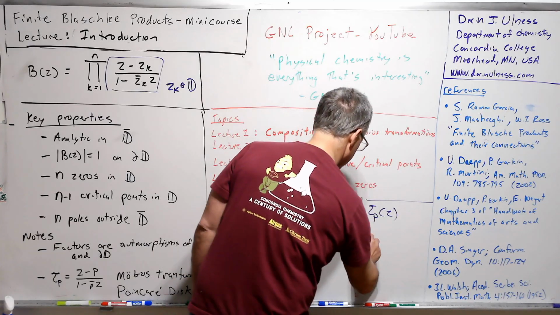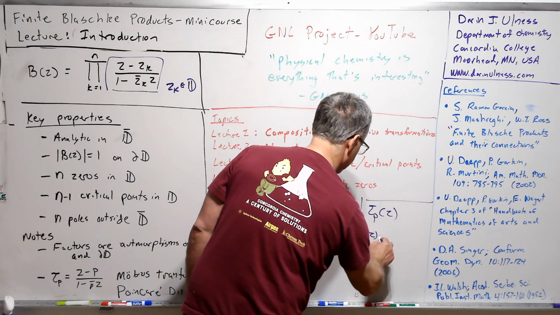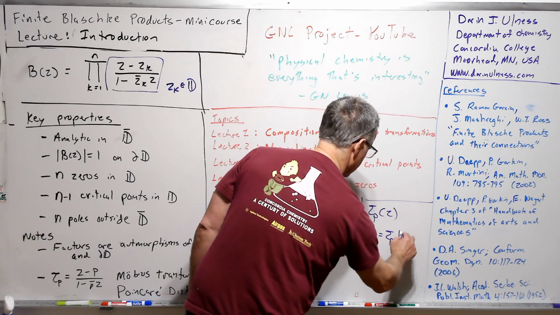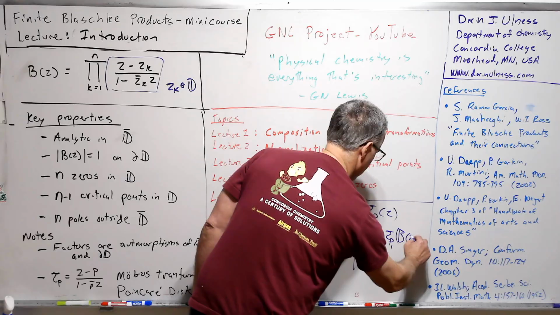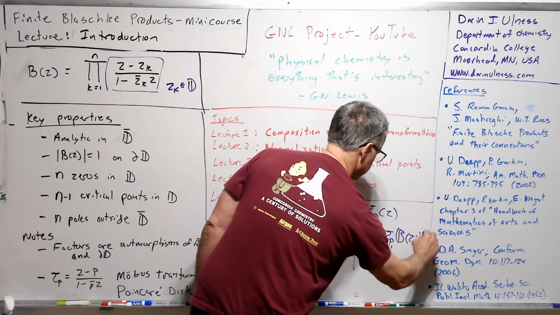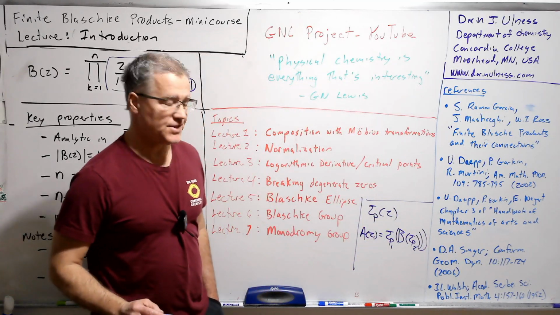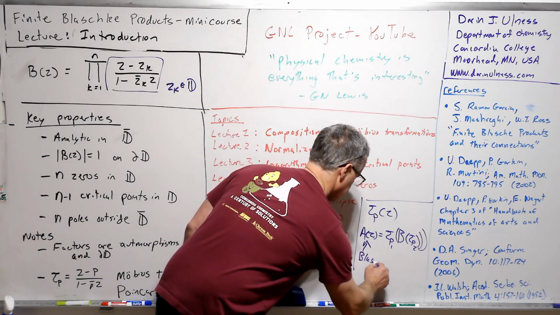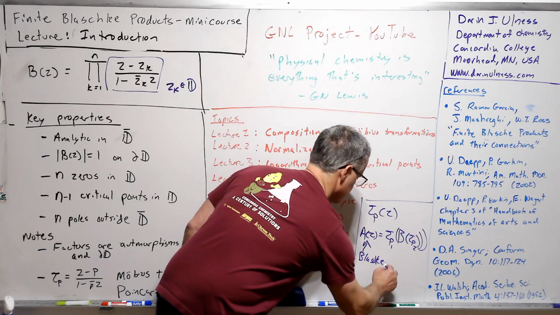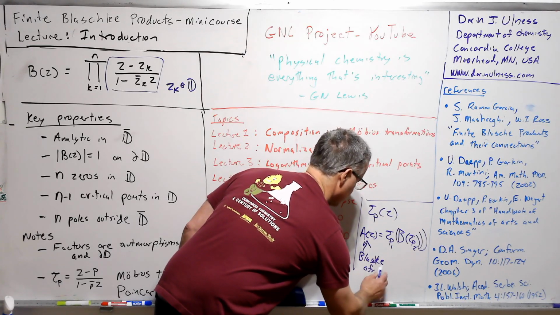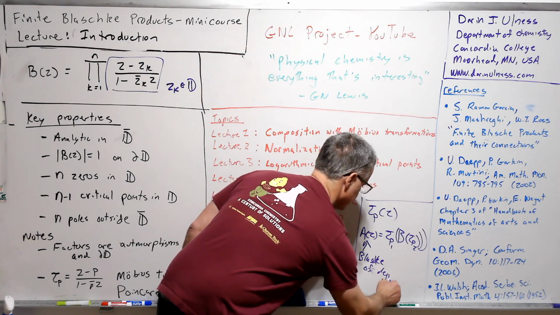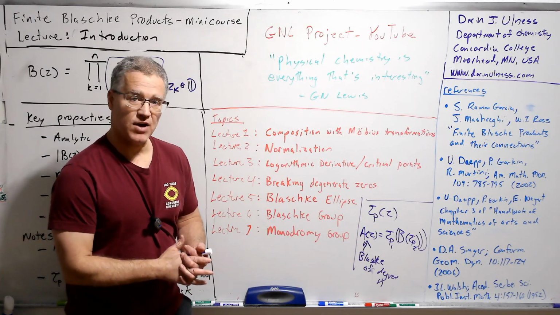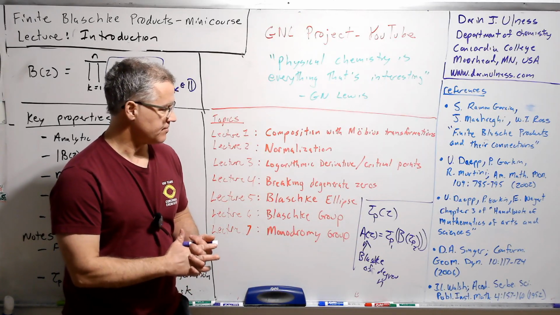So if we consider this function, then tau of p1, b of tau of p2 is also a Blaschke product. And furthermore, if b is of degree n, then the Blaschke product is of degree n.